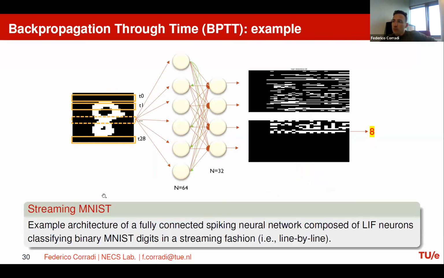So what we do is we send in 28 time steps, each row of the image being one time step. And then for the 28 time steps, we record the output of the neurons. And then we train the output layer. In this case, there are only 10 neurons, and only one is active to respond to the 8, right? And then we backpropagate, we compute the loss, we update the weights with the BPTT, etc.